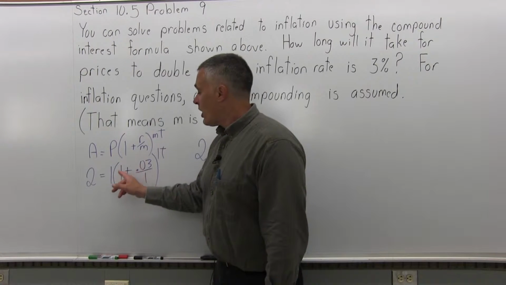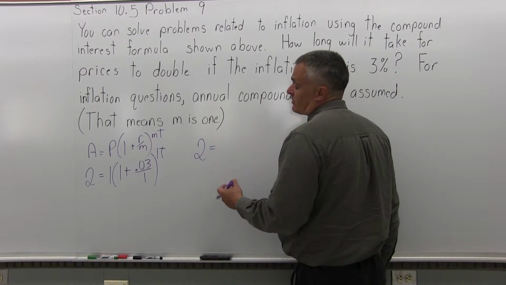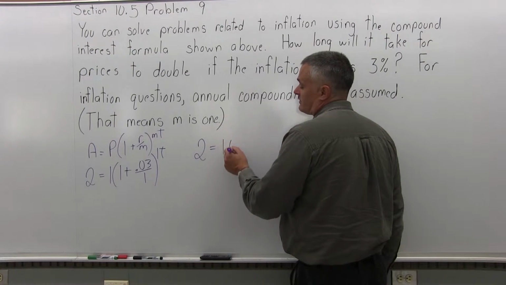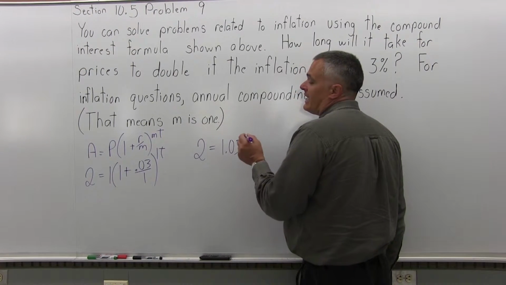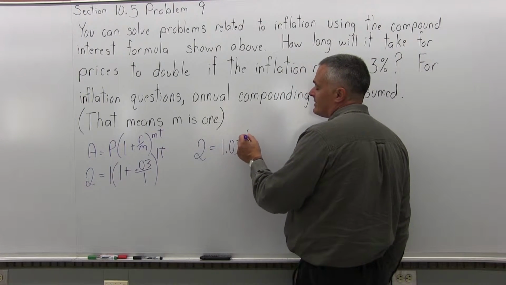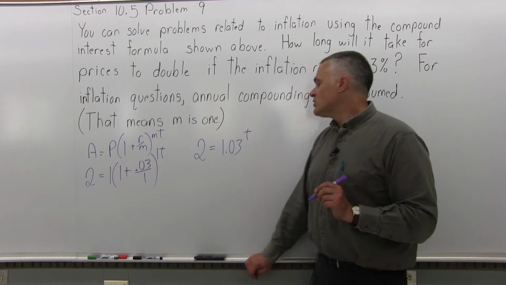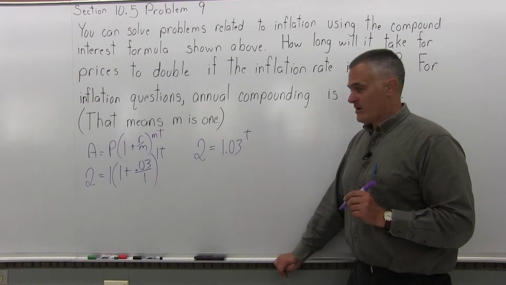And I'm going to add 1 to it. 1.03. And now the exponent, 1 times t, I don't really need the 1 times either. I can just call it t. So I have the equation 2 equals 1.03 to the t power.